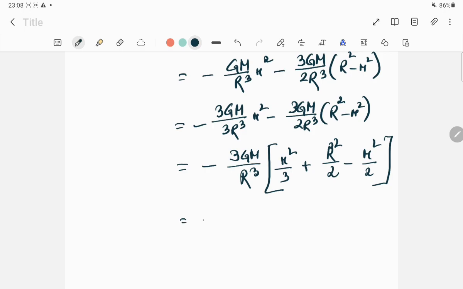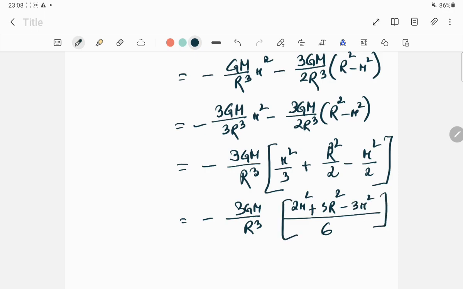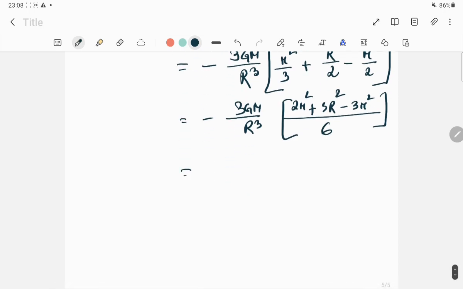Okay, so minus 3GM by R cube. So let me take the LCM. So it will be 2r square plus 3 capital R square minus 3 small r square. This is how it goes. Then 3GM by R cube, so we have 6 here.